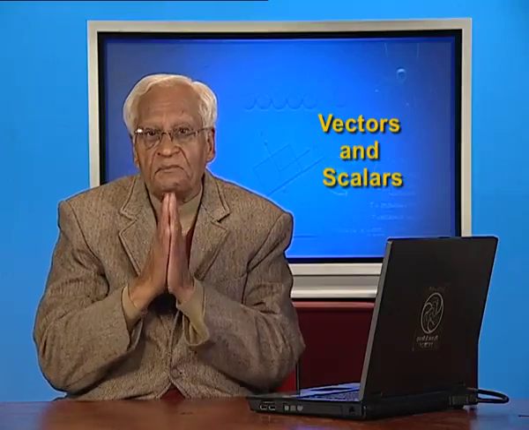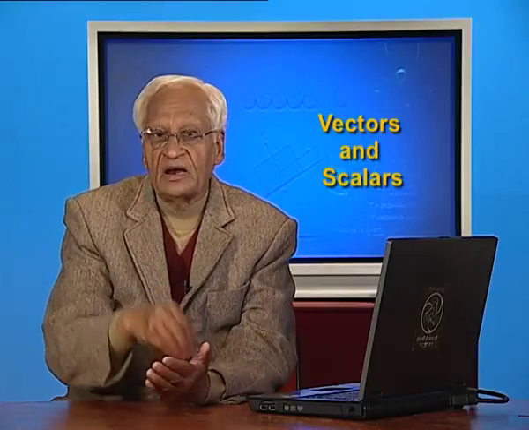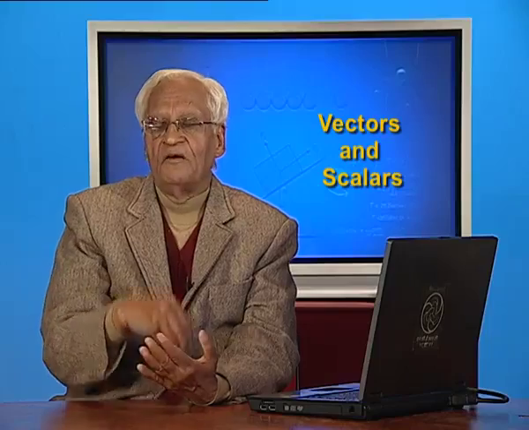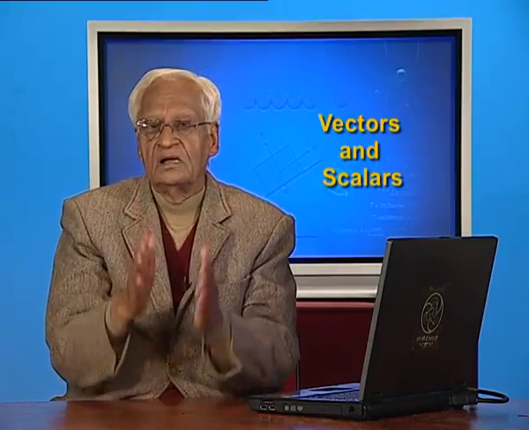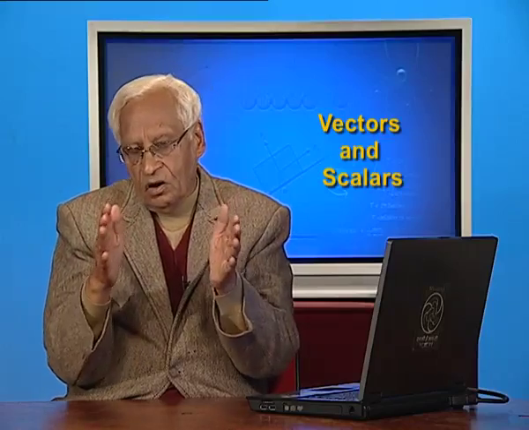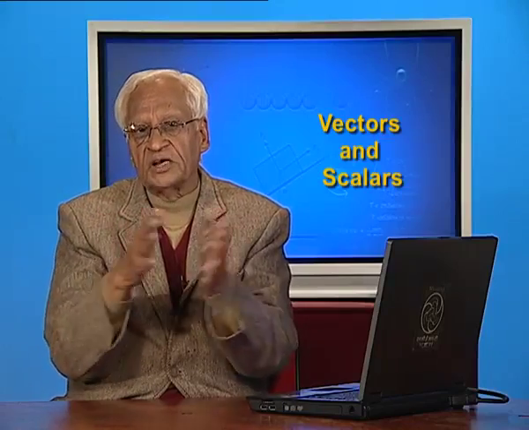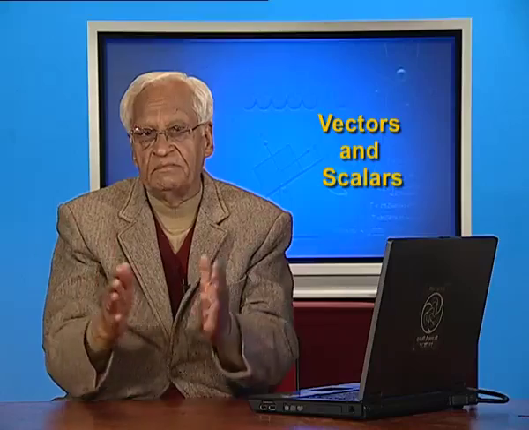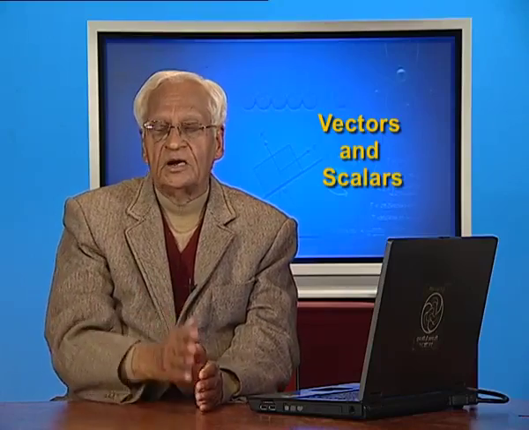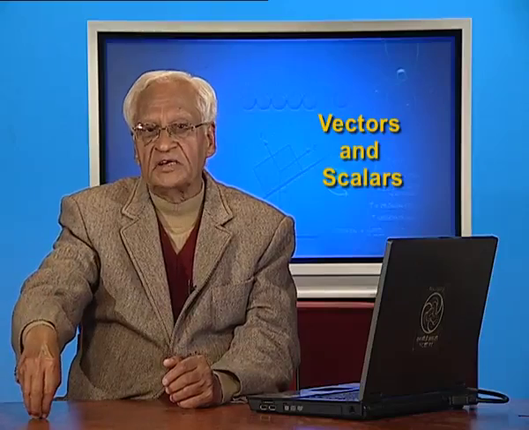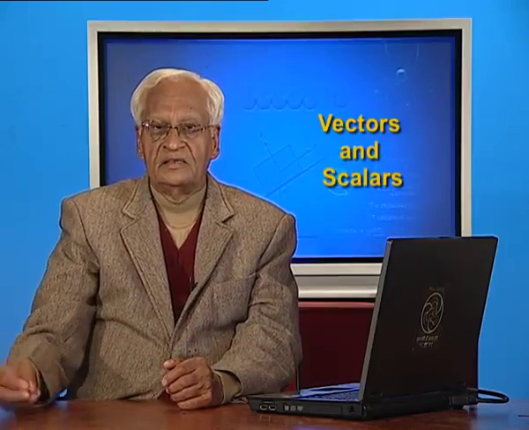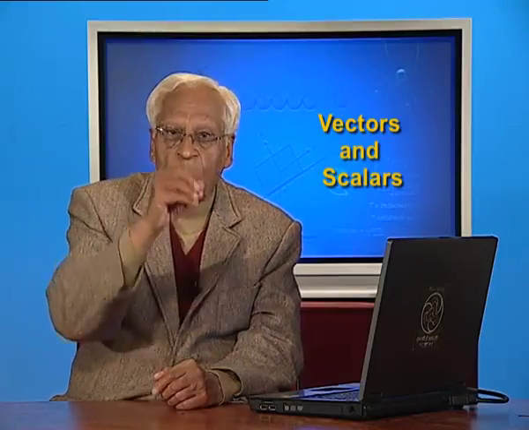And another important thing, we have done a dimensional analysis. We have seen that the dimensions of all terms of an equation on the two sides must be the same. Add to that another thing. If one side of an equation is a vector, the other side of the equation must also be a vector.